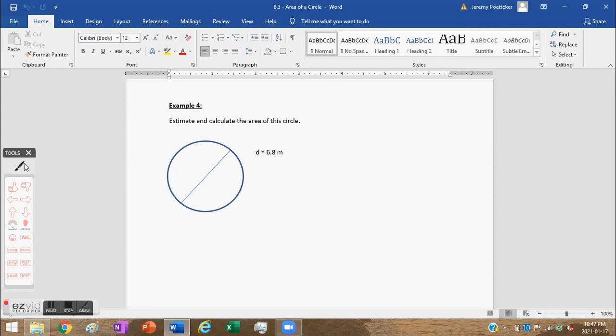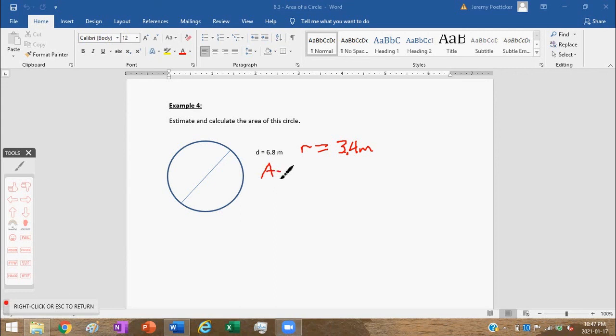Estimate and calculate the area of this circle. All right, so my first thing I want to do is find my radius from the diameter. So 6.8 divided by 2 is going to be 3.4 meters. All right, so there we go. 3.4, pretty close to 3.